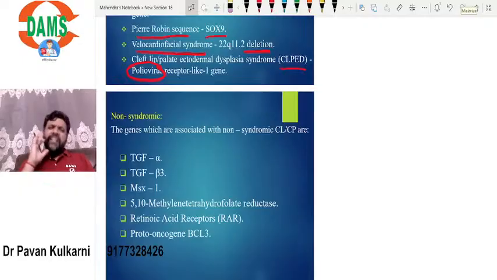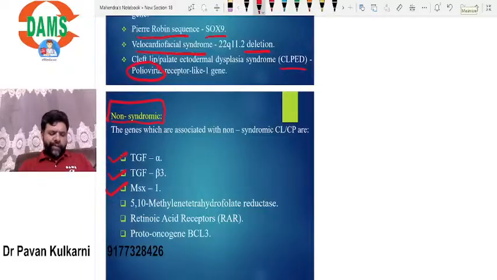That means certain gene mutations cause cleft lip, cleft palate that are not associated with any syndromes, like TGF alpha, TGF beta 3, MSX1. These are non-syndromic cleft lip, cleft palate. The genes mutated here are TGF alpha, TGF beta 3, MSX1.